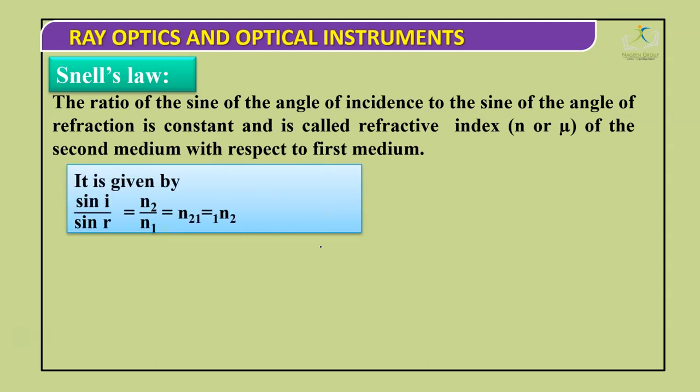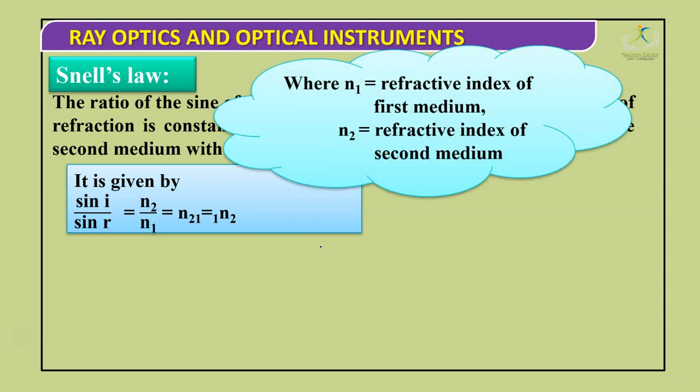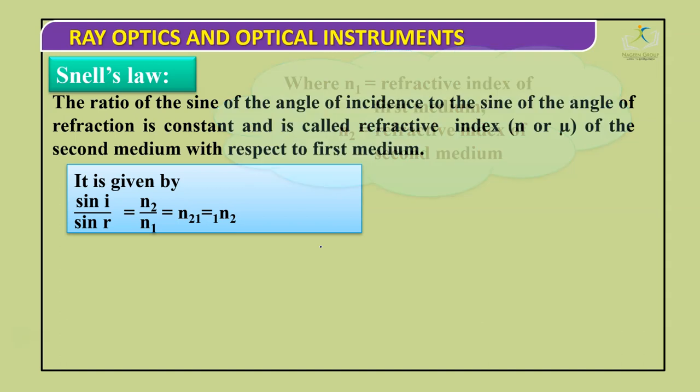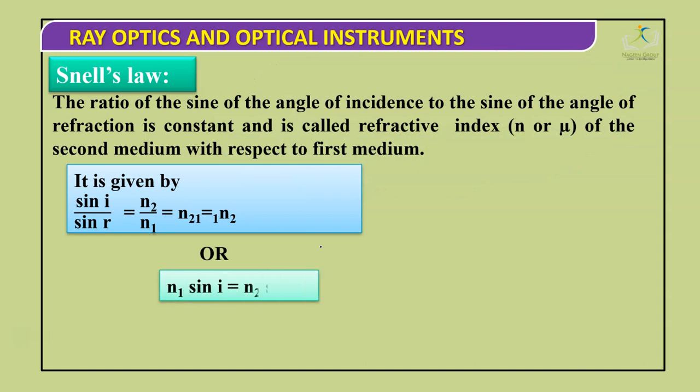So it is given by sine i by sine r equals n2 by n1, which equals n21, equals 1n2, where n1 is the refractive index of the first medium and n2 is the refractive index of the second medium. Or n1 sine i equals n2 sine r. But n equals c by v.